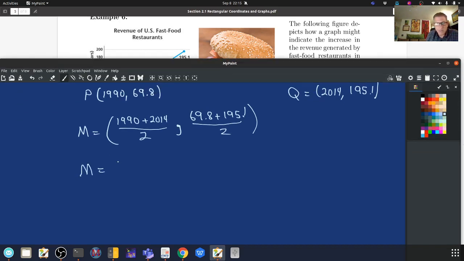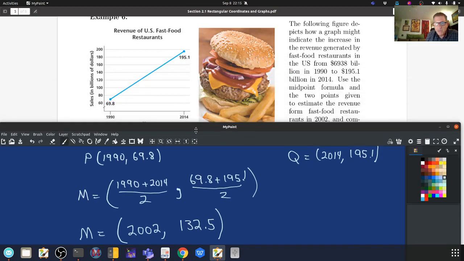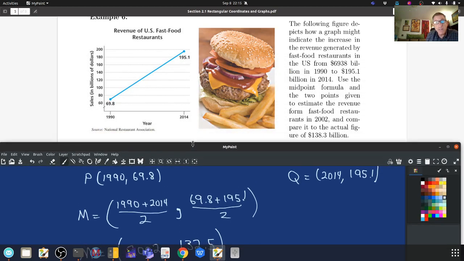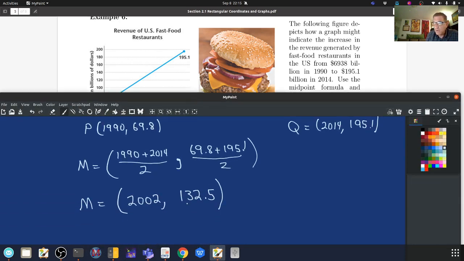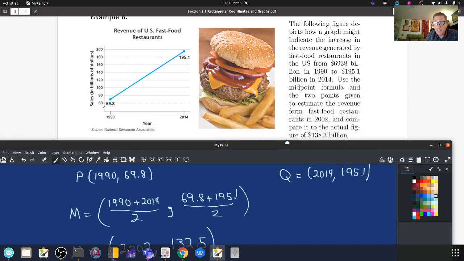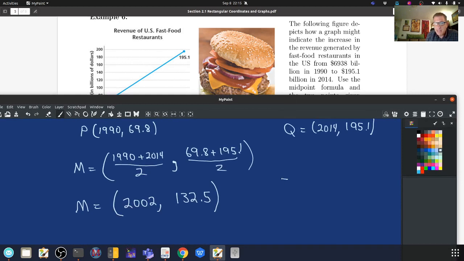I've done the math for you, this is going to be 2002, and that's the exact year that they wanted to know about, and this turns out to be 132.5 billion. So they said compare it to the actual number. The actual number is 138.3 billion. So 132.5 versus 138.3, that's 5.8 billion off.